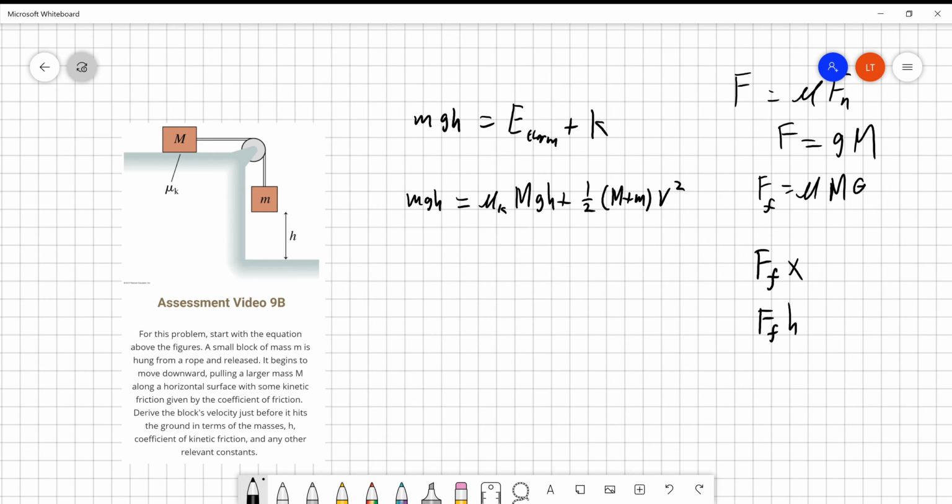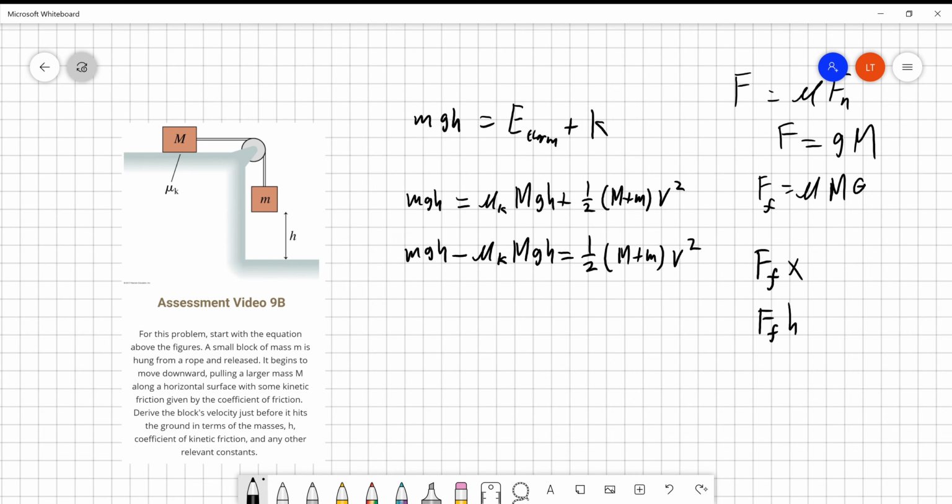So after we get to here, we can just solve for v. So that'd be mgh minus mu k Mgh equal to 1/2 (big M plus little m) v squared.